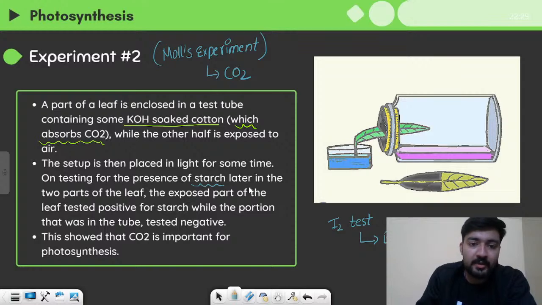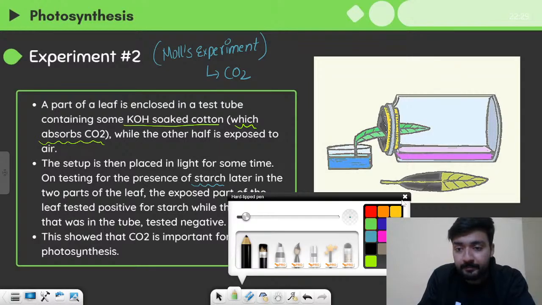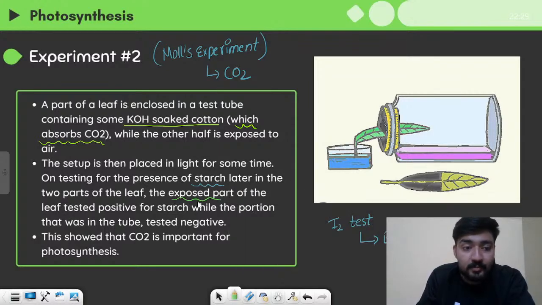So on testing for the presence of starch later in the two parts of the leaf, the exposed part of the leaf tested positive. So this is the positive test when it turns bluish black for starch, while the portion which was in the tube tested negative, which means without CO2 photosynthesis is not possible, right?